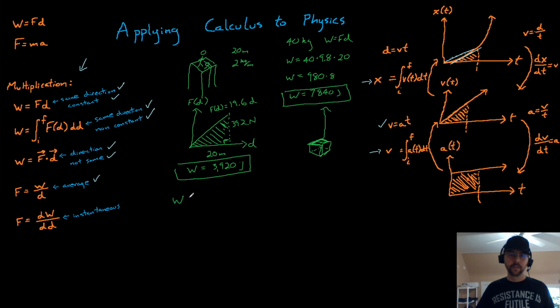Work equals the integral from the initial displacement value, which is 0, to the final displacement value, which is 20, of 19.6 times d d, which is going to be work equals 19.6 times d squared over 2 evaluated from 0 to 20.